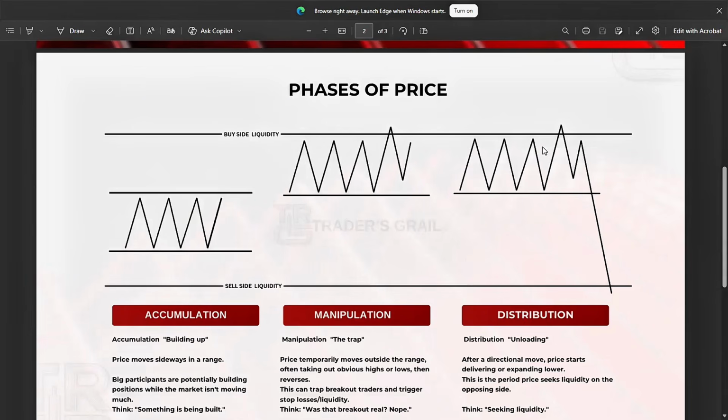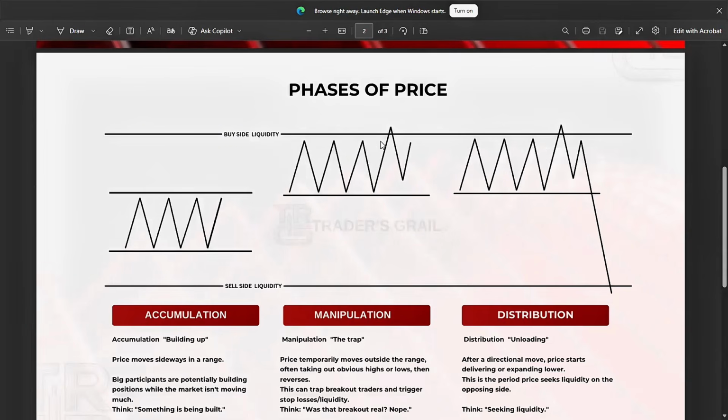That's basically it. So the manipulation is the trap. Price temporarily moves outside the range, often taking out obvious highs or lows, and then reverses. This can be a trap for breakout traders after stop losses are triggered, and then it goes the intended way.